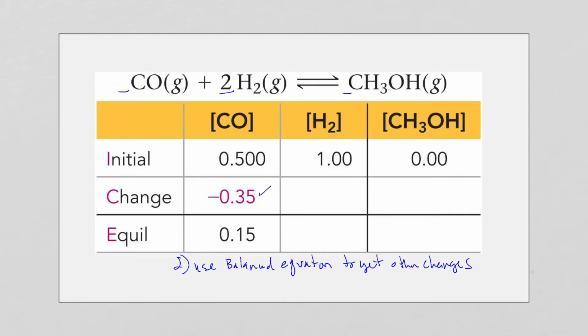So if we know that CO went down by 0.35 and we know there is a 1 to 2 relationship, we know that H2 must go down by twice as much, or must go down by 0.7. And because there's a 1 to 1 stoichiometry, if this goes down by 0.35, this must go up by 0.35. So we're going to use stoichiometry to figure out the other changes. So that's our second step.